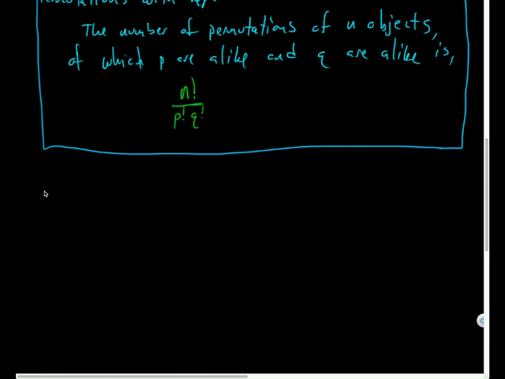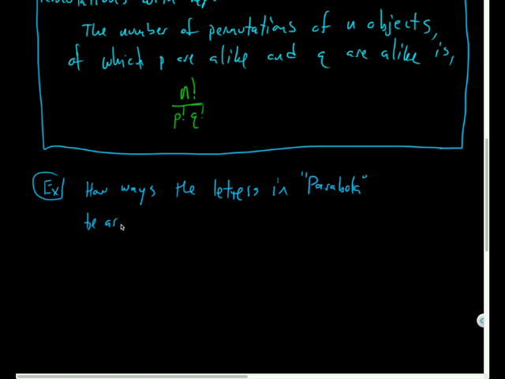All right, so as an example, how many ways can the letters in the word parabola be arranged? So I have 1, 2, 3, 4, 5, 6, 7, 8 letters.